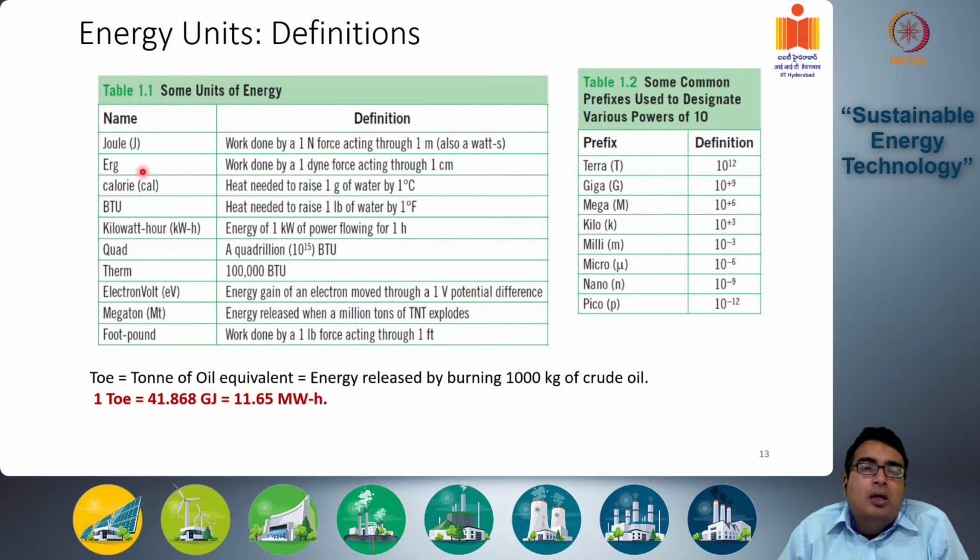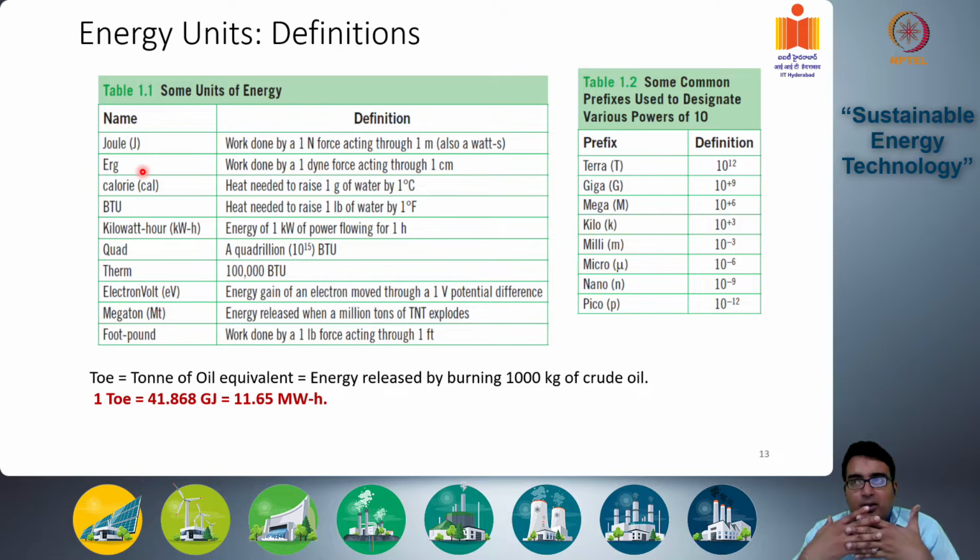Calorie is defined as the thermal energy or the heat needed to raise 1 gram of water by 1 degree centigrade. So the temperature of water is increased by 1 degree centigrade, the mass of water is 1 gram, and the total energy required to do that process is a calorie.